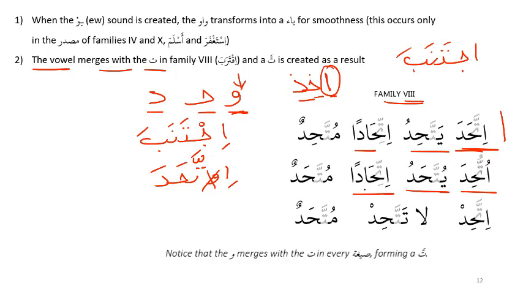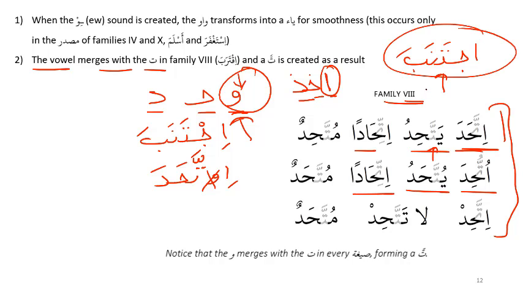So in this entire set, even though waw is a root letter, there is no sign of a waw, because this waw is just merging with the ta of form 8 of the ijtanaba family. The first root letter just merges with the ta of bab iftial.